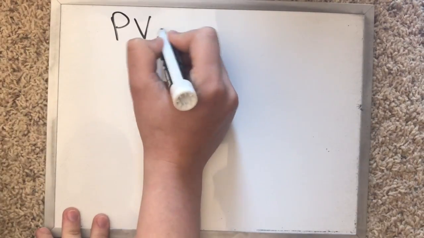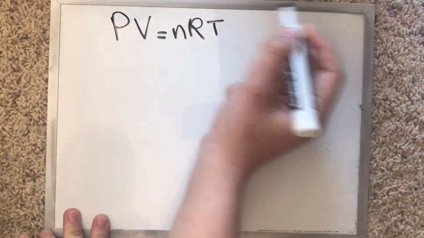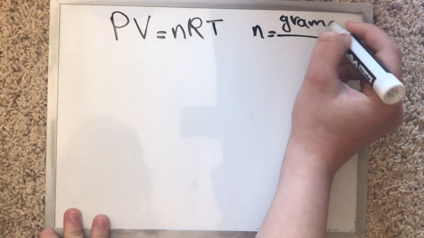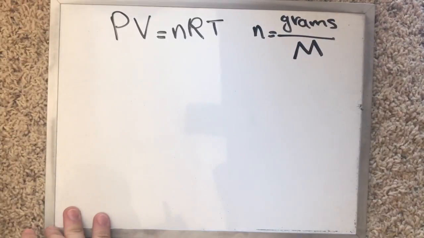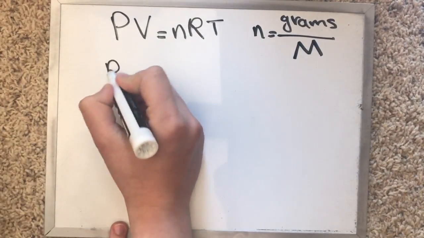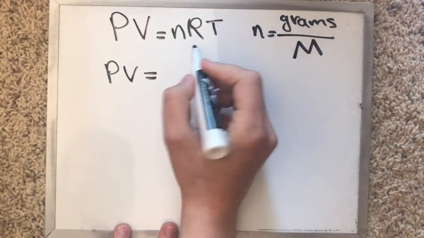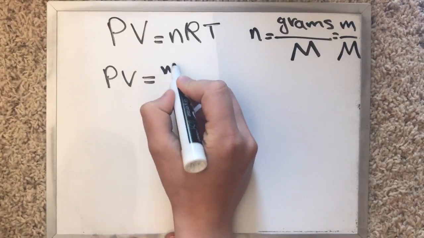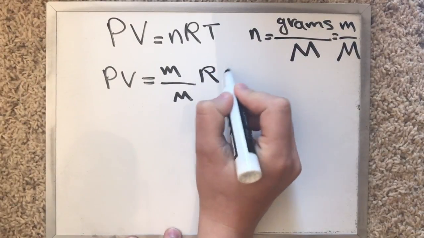So we have PV equals nRT, and the number of moles is going to be the grams that we have over molar mass. So now we can substitute n with those two. It's going to be PV equals, I'm going to say mass with little m over capital M, times RT.